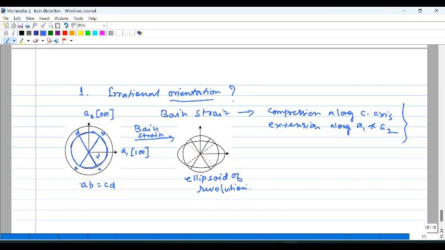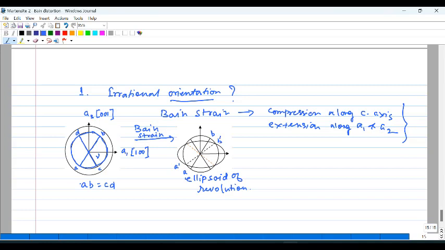And what happened to those two lines that we had drawn, AB and CD? Do they remain unchanged, unrotated? No, right? So AB was here, and due to this Bain distortion, AB has shifted to this. It is rotated to this place now, A dashed, B dashed.